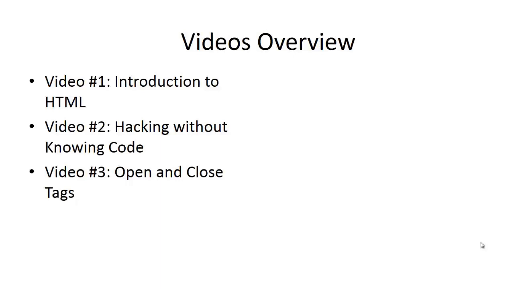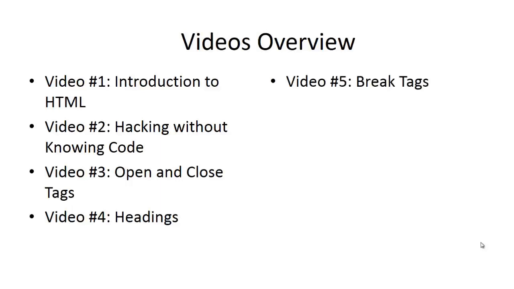From that point on, I've honed in and focused on specific tags that you will run into during your journey. Headings is something you're going to run into on and on, so we're going to focus on that in video number 4. In video number 5, we're going to talk about break tags. Break tags allow you to break sentences up so that you have white space in between.